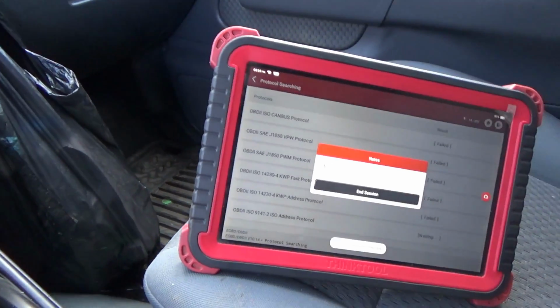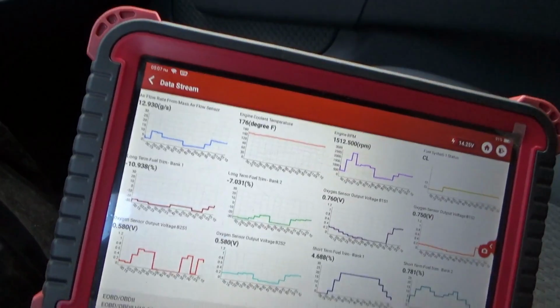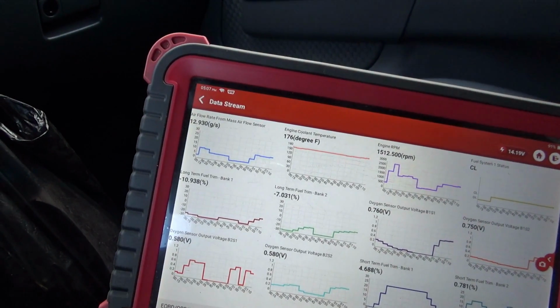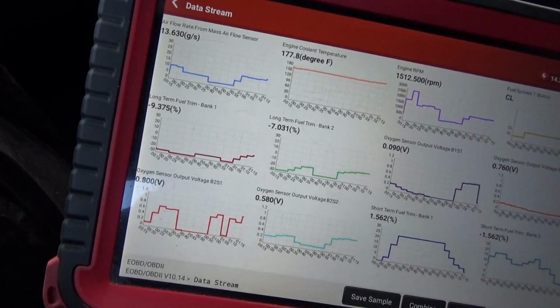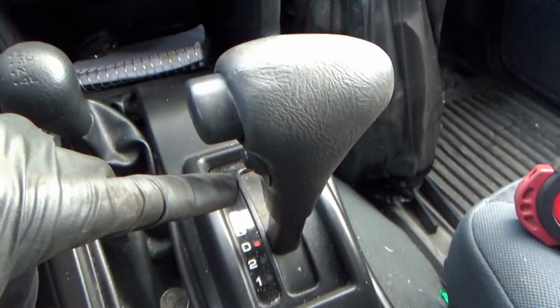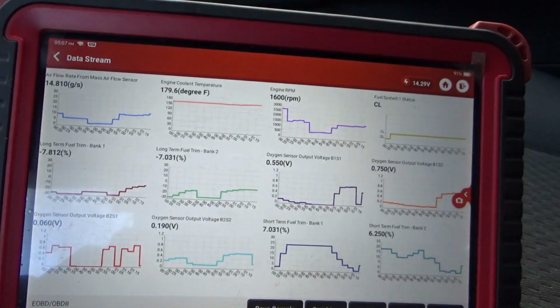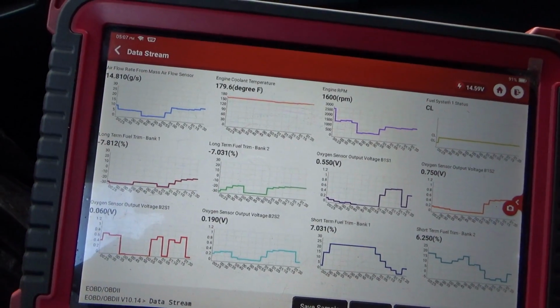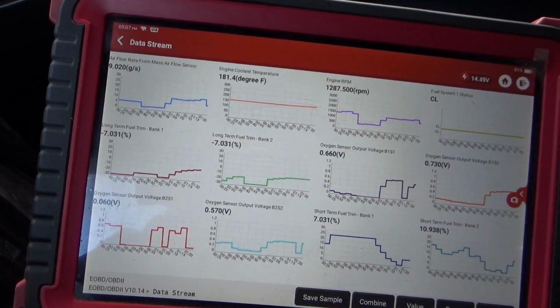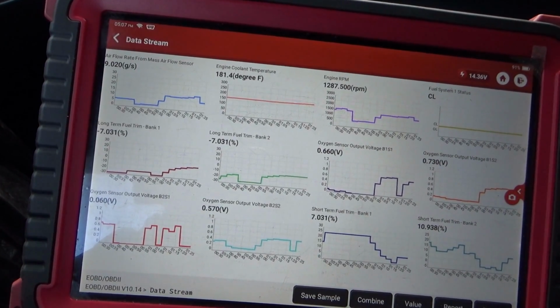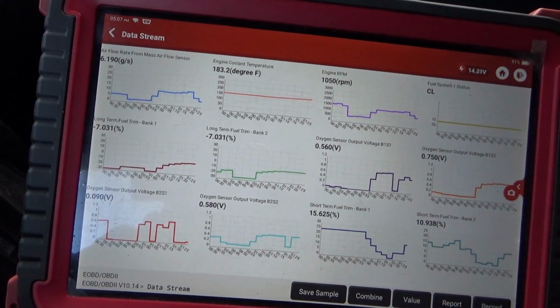So let me log back in here. Alright, so the fuel trims didn't relearn with the battery disconnect, but you can see they're relearning. You just put it in gear, give it a little bit of gas, and they're coming right up with that vacuum leak in place. They're learning fairly quickly.